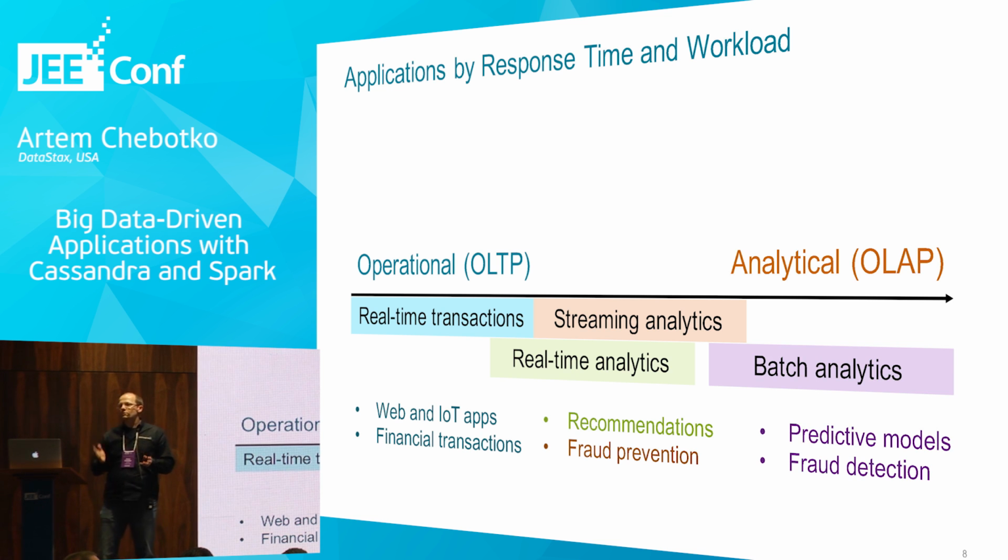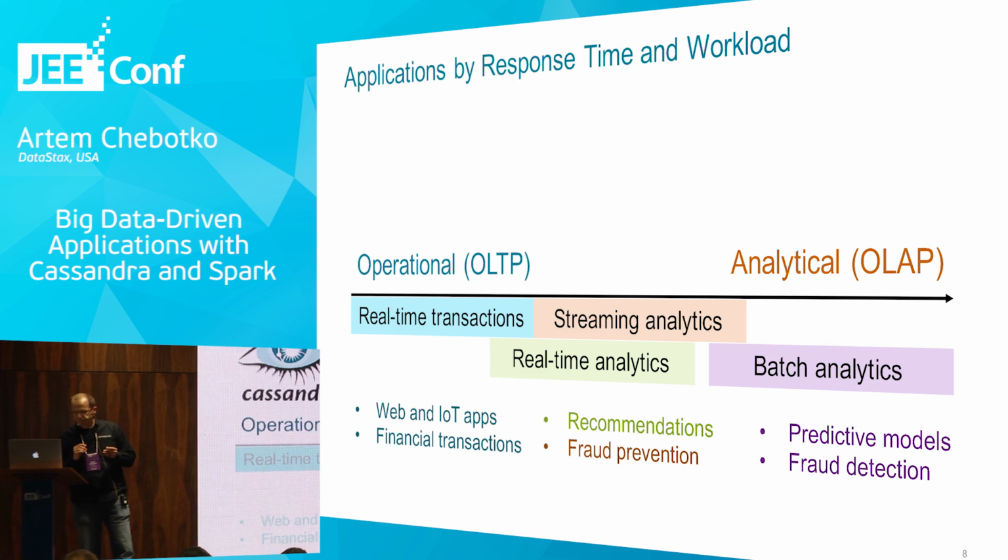Okay, and there are also batch analytics. So these are slow applications and they are not user-facing. Those include predictive models, for example, to predict a recommendation for a user, and something like fraud detection when you analyze a large data set and decide that there was a fraud committed at some point back in the history.